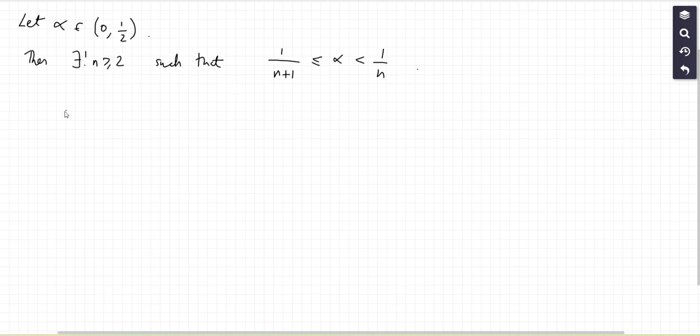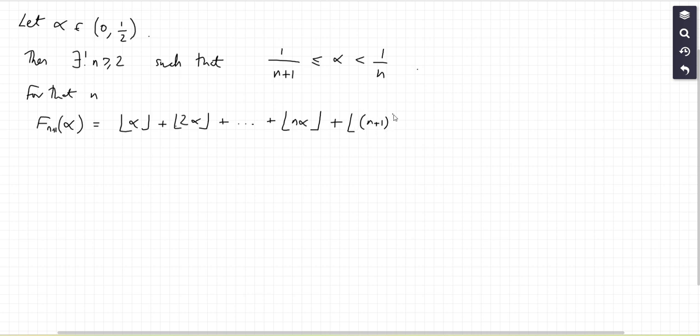So let's just assume that we have that n. For that n, let's look at f n of alpha, which is equal to the floor of alpha plus the floor of 2 alpha, plus up to the floor of n alpha, plus the floor of n plus 1 alpha.